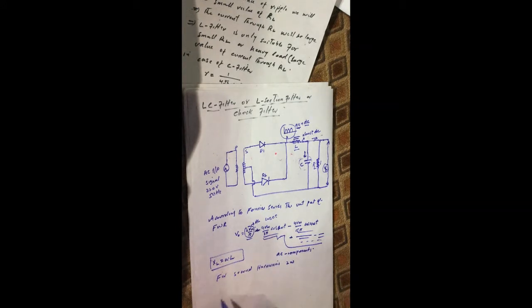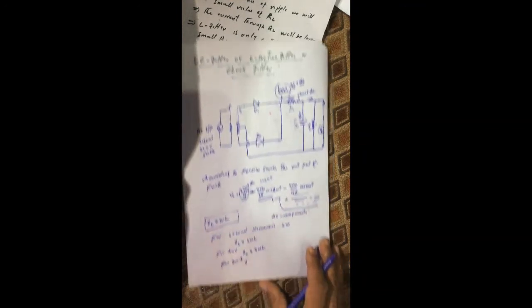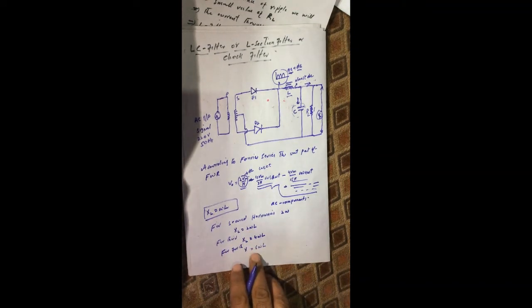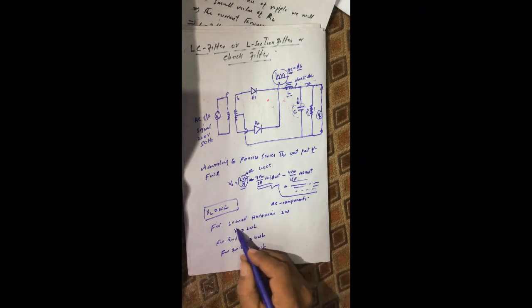So the inductive reactance for it is 2 omega L. Similarly for the second, the inductive reactance XL is equal to 4 omega L. And similarly for the third, the inductive reactance will be 6 omega L. So as we move from lower harmonics to higher harmonics, this inductive reactance, or the resistance provided by this inductor, also increases.